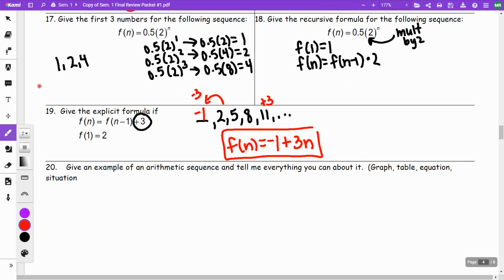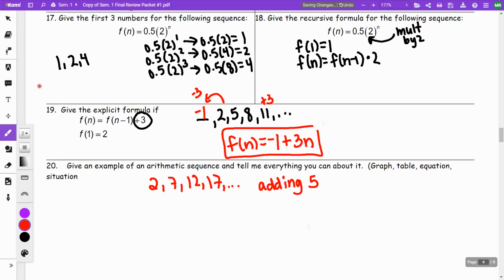Give an example of an arithmetic sequence and tell me everything you know about it. So for this, an arithmetic sequence, for example, would be 2, 7, 12, 17, and so on, where I'm adding 5.